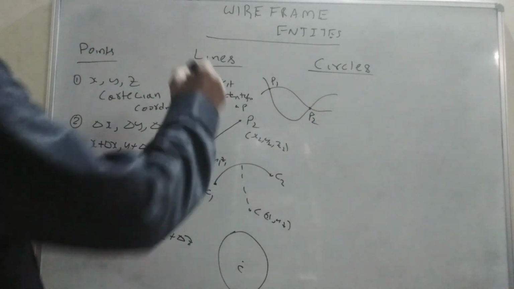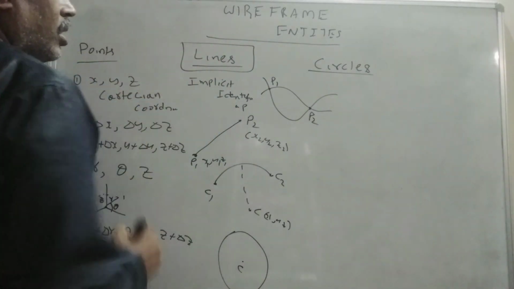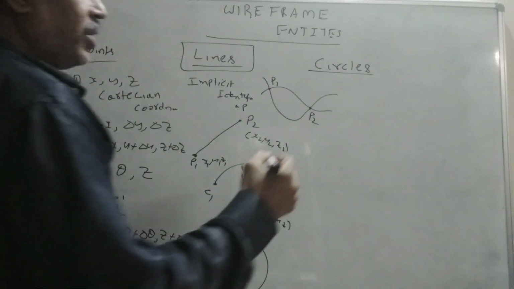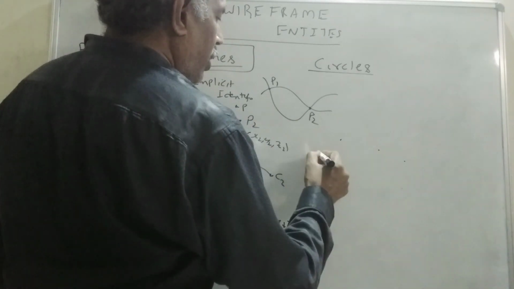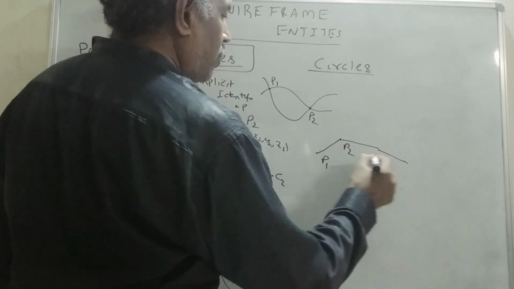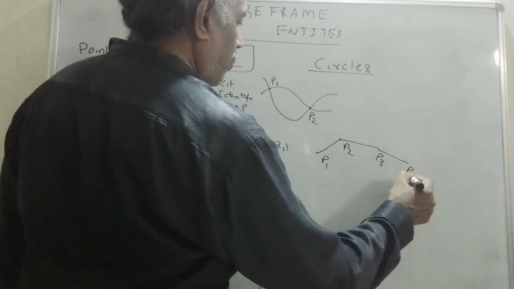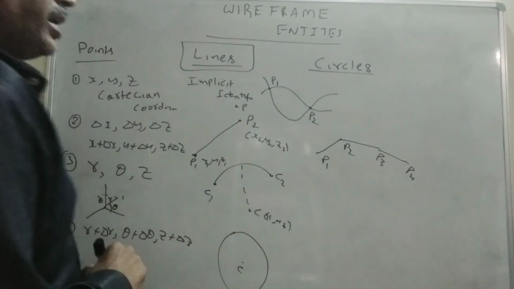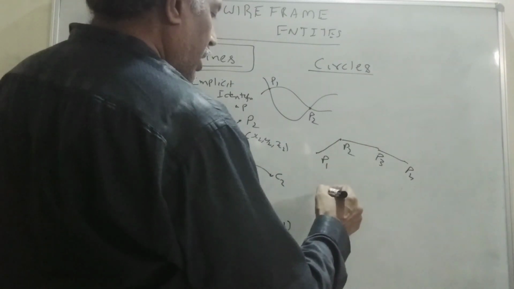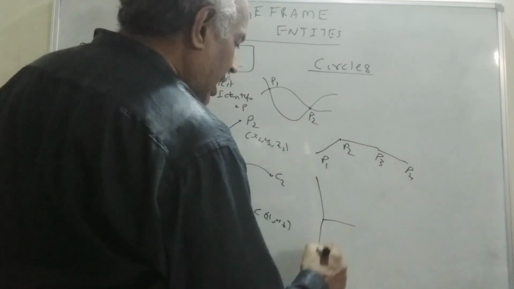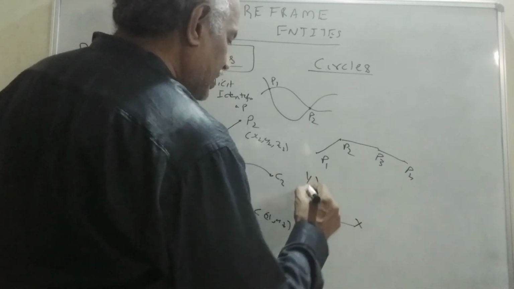Now coming to the lines. You can note down several points and join lines with the points: P1, P2, P3, P4. You can generate lines, and you can draw lines parallel to the x-axis, y-axis, and z-axis.